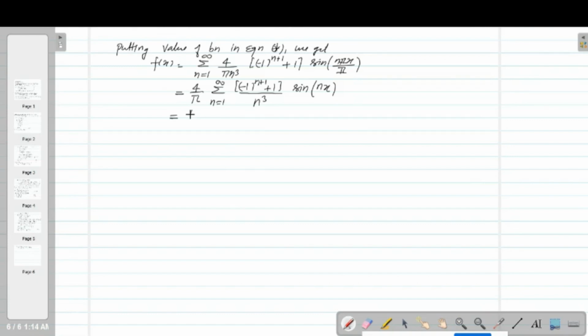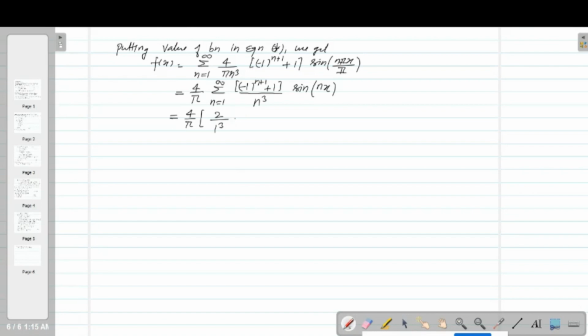So this is equal to 4 by pi bracket, if n equal to 1, see here, this becomes 2. The square of a negative number is positive, so this becomes 2 by 1 cubed. Okay, if n equal to 2, this becomes 3, so minus 1 and plus 1 is 0.